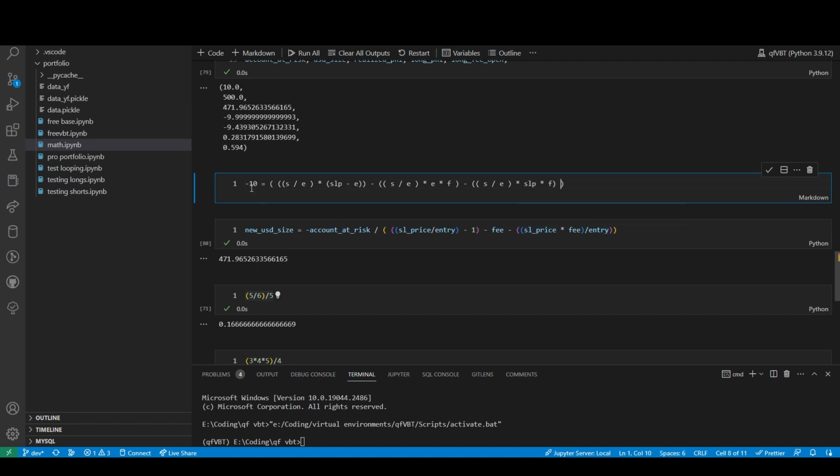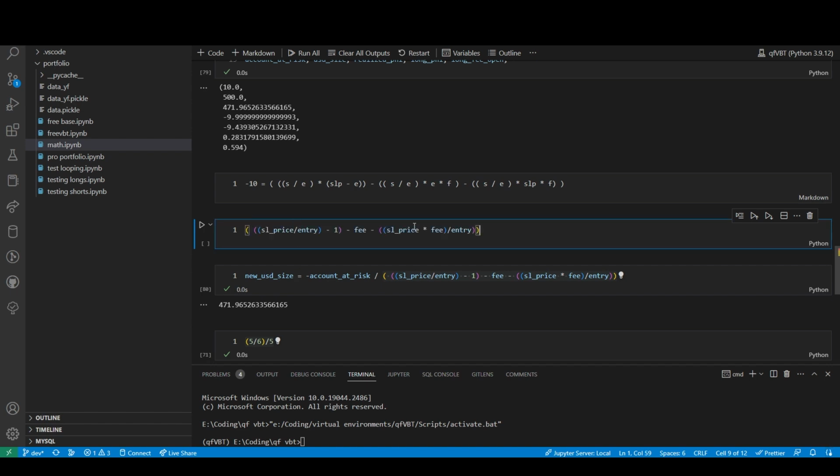And then here, in order to get S by itself, what you would now do is multiply S on both sides. So it'd be this times S equals negative 10.